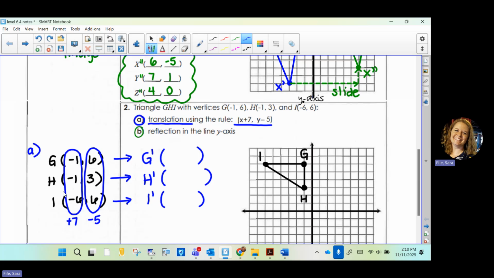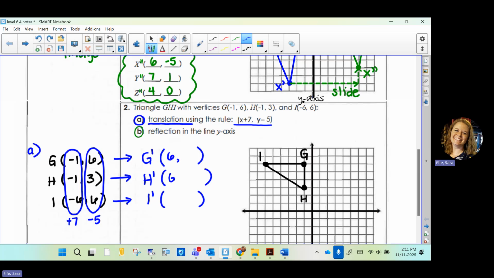And you can do this in your head. You can do this in the calculator. If you need to type in -1 plus 7, type it in. If you don't need to type it in, great, do it in your head. But I'm going to take each of these x values and add 7. So -1 plus 7 is 6.